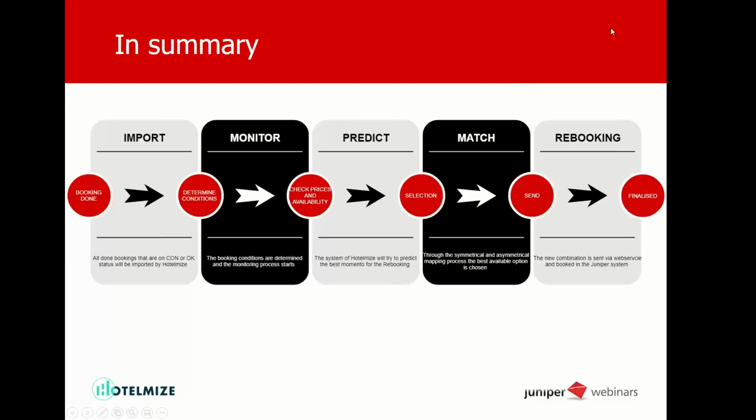So in summary, let's run through the process again. Hotelmize imports your bookings thanks to the connectivity with Juniper. We monitor your existing bookings every day in order to search for the lowest price. And once we see the lowest price, two very important things happen.